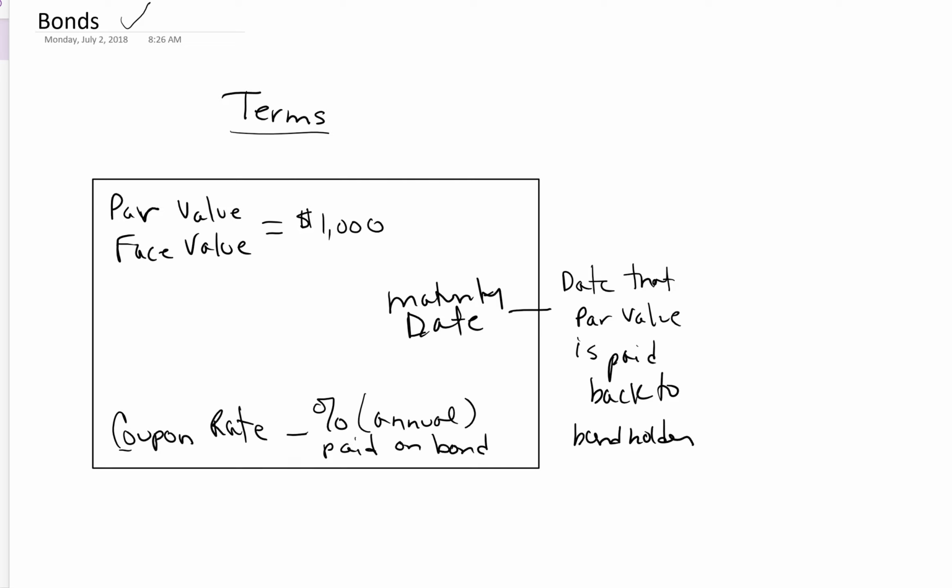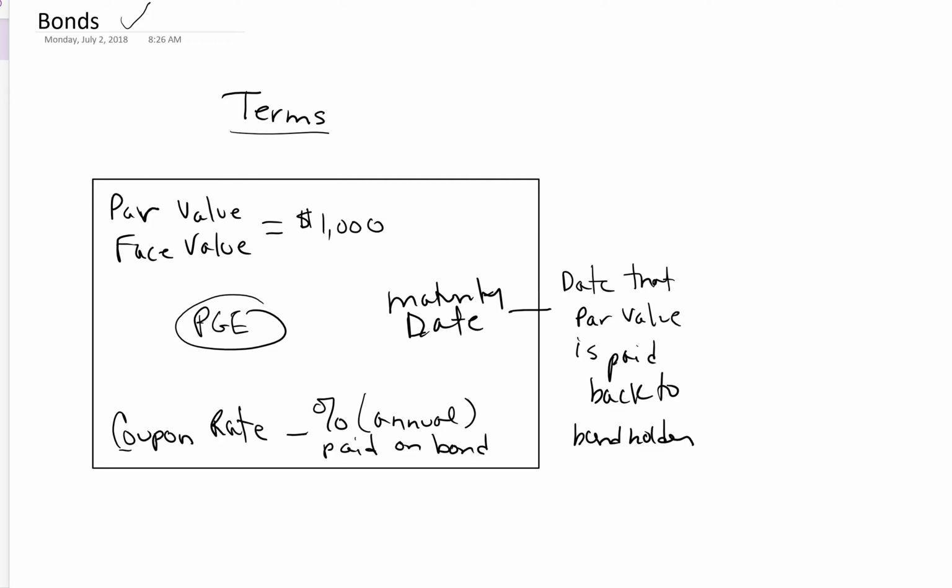All right, so let's think about it like this. Let's say this bond was issued by PG&E, because PG&E issues bonds. So on this day, PG&E issued new bonds. And let's say you bought the bond when they were first issued, for $1,000.